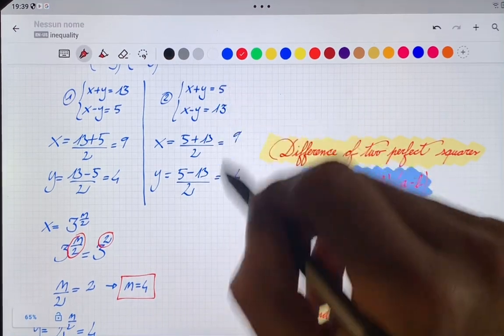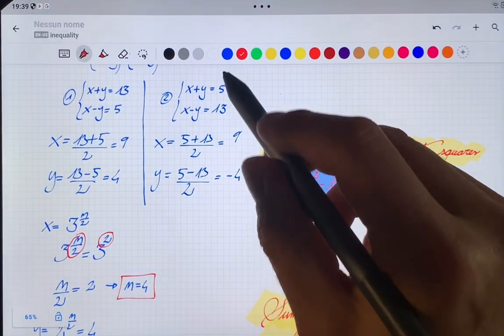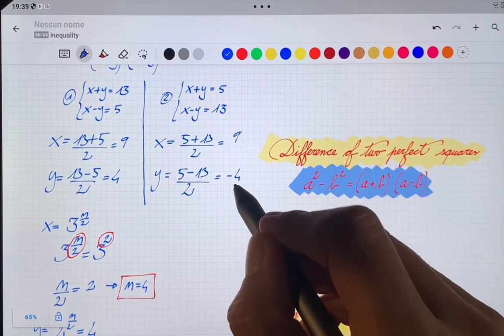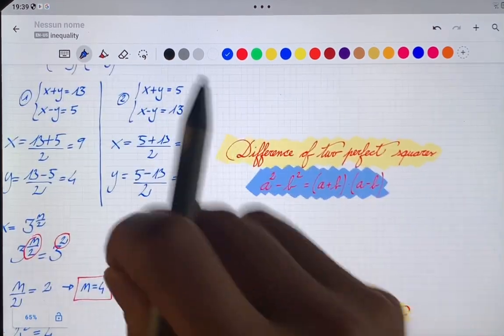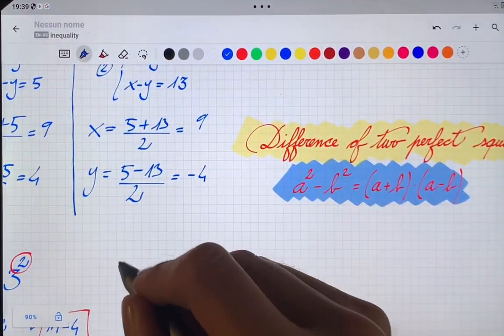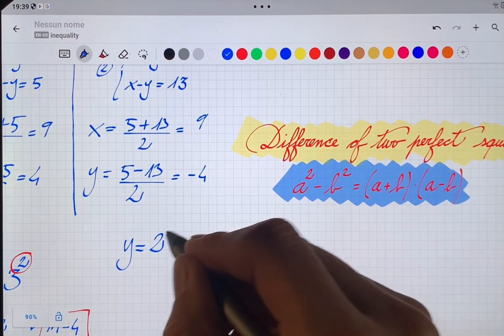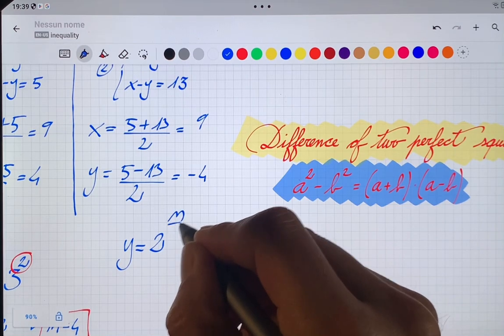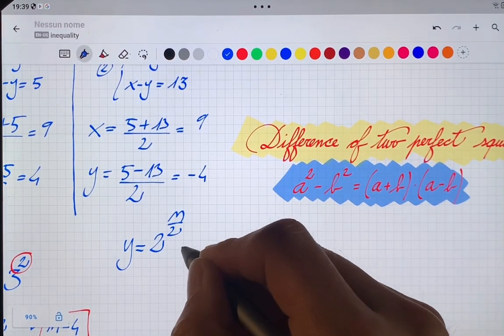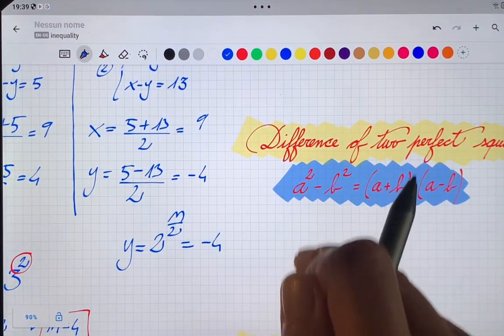Let's see what happened here. In our case, we have a minus 4. We said that y is equal to 2 to the power of n over 2. In our case, is equal to minus 4.